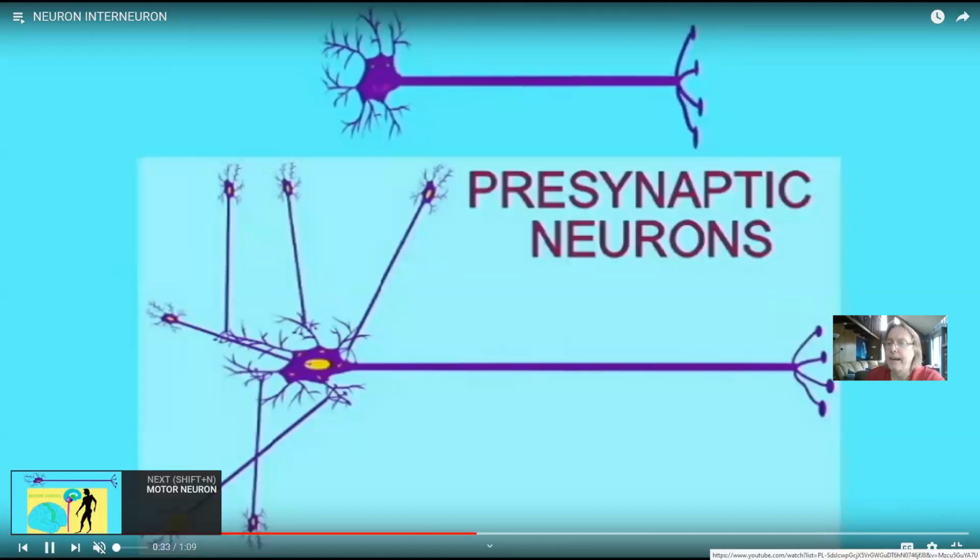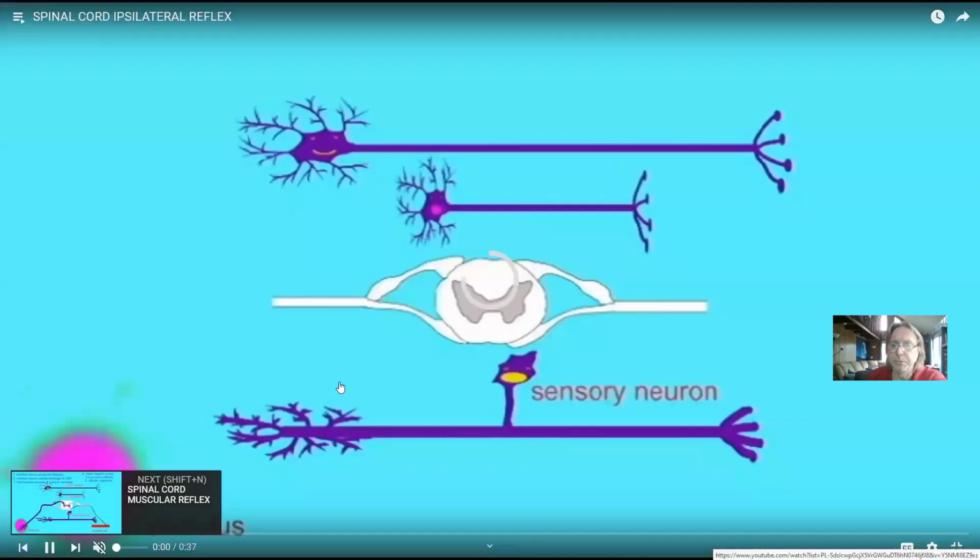And so in a typical, say, a spinal reflex, you would have sensory information coming in from a receptor.